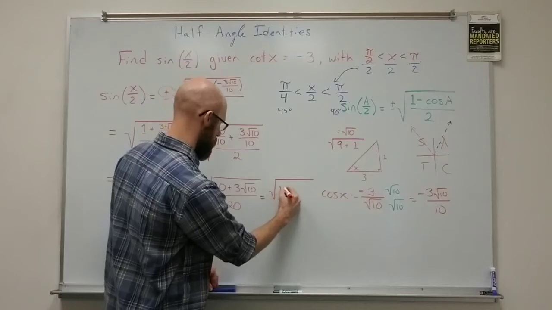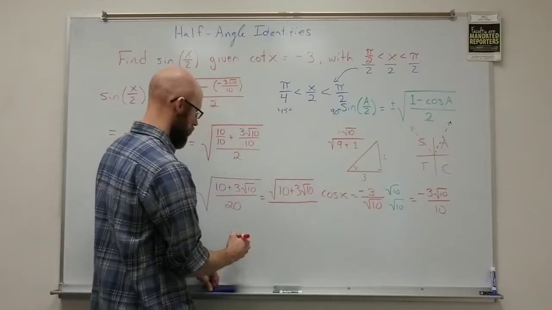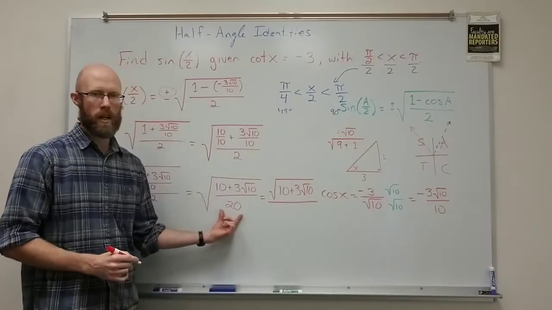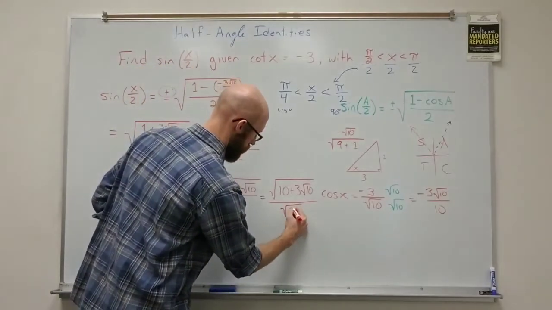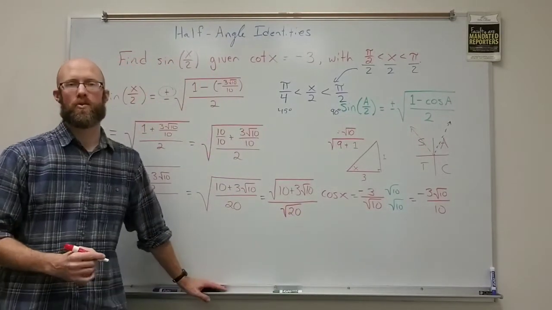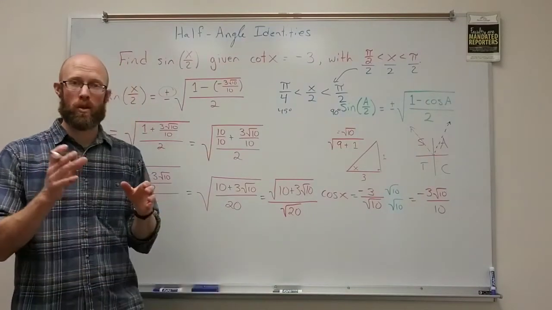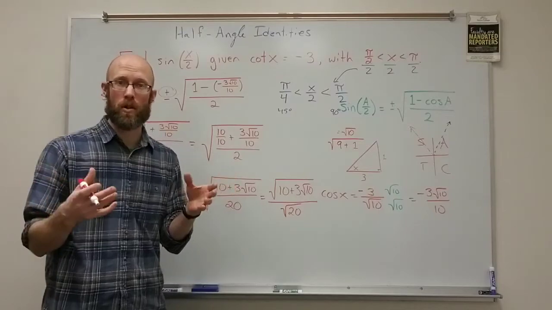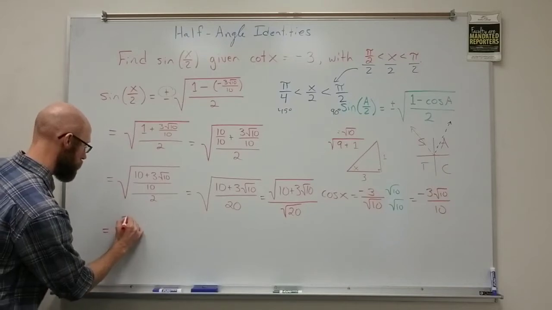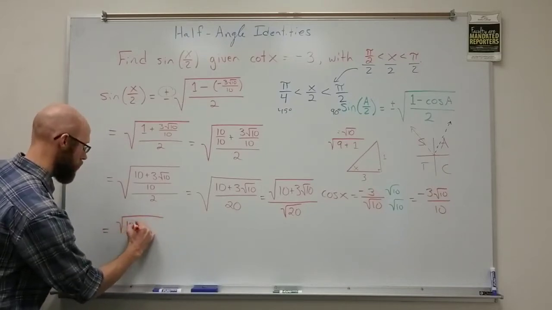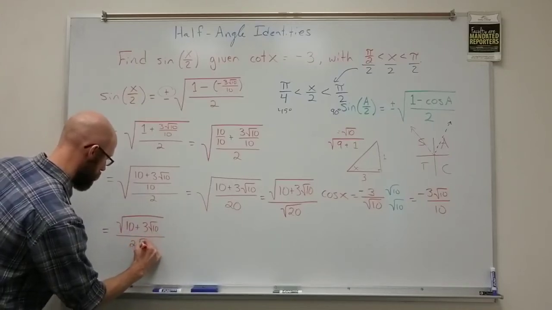So that's the square root of 10 plus 3 root 10 all over, now the square root of 20 simplifies. That's the square root of 20 on the bottom. Square root of 20 is really 2 times the square root of 5. If you split the 20 into a 4 and 5, take the square root of 4, you get 2. So it's 2 root 5. So this becomes the square root of 10 plus 3 root 10 all over 2 square root of 5.